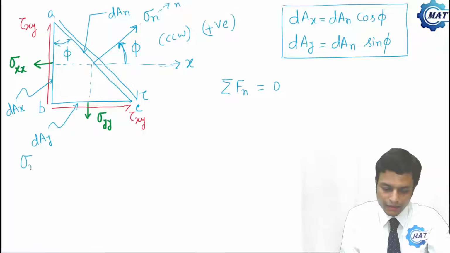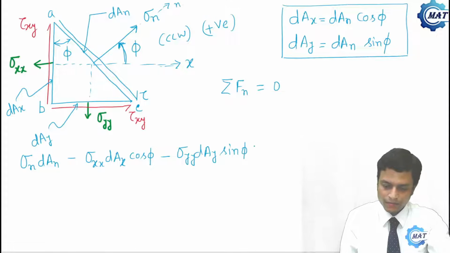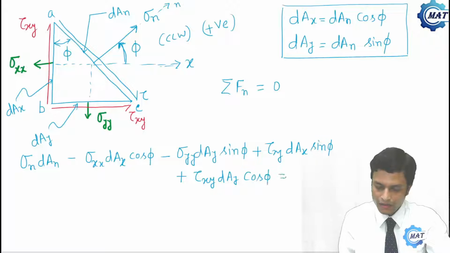We will get sigma n dA n minus sigma xx dA x cos phi minus sigma yy dA y sin phi plus tau xy dA x sin phi plus tau xy dA y cos phi is 0.